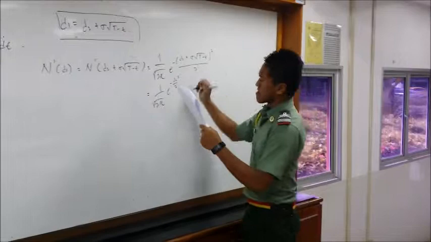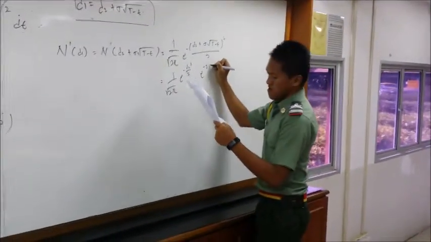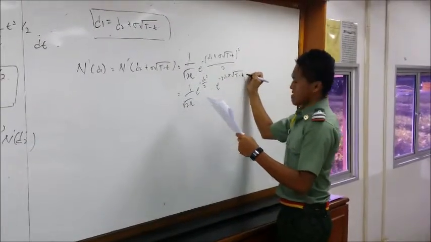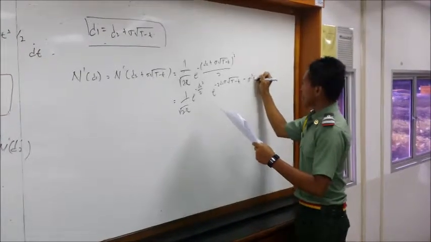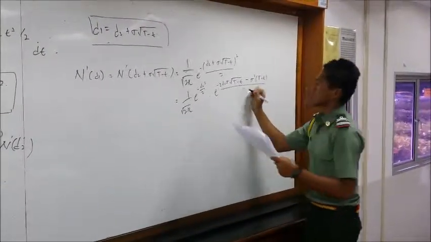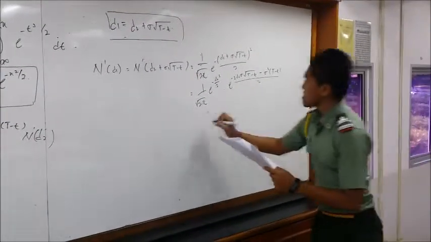We multiply this, but separate the e to the power of minus d2 sigma square root of (T minus t) minus sigma squared (T minus t) over 2. Okay, we have separated both of these. Then we can substitute.